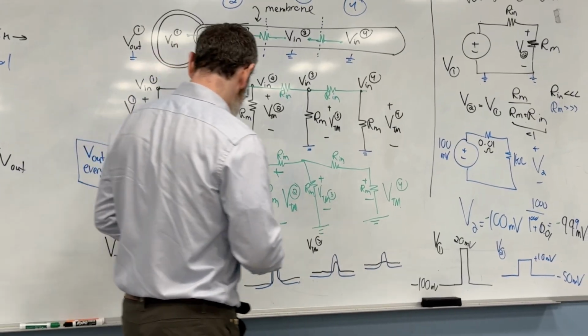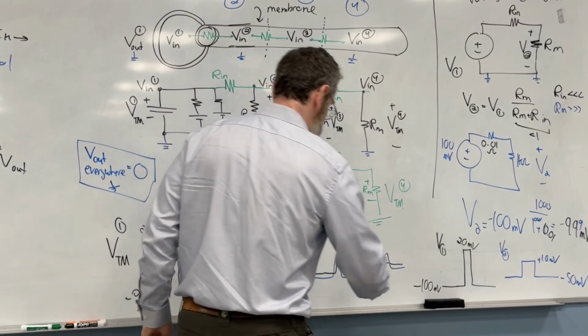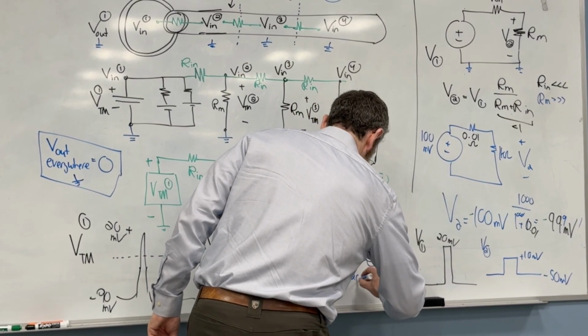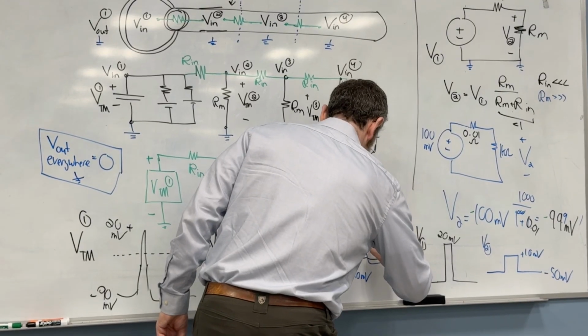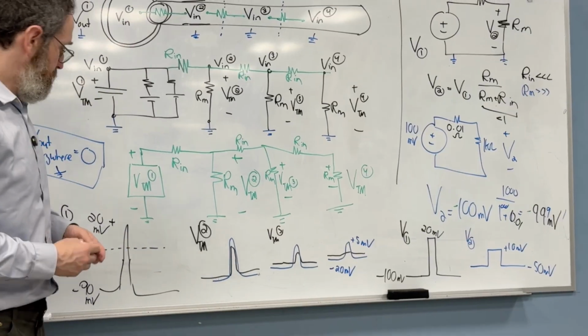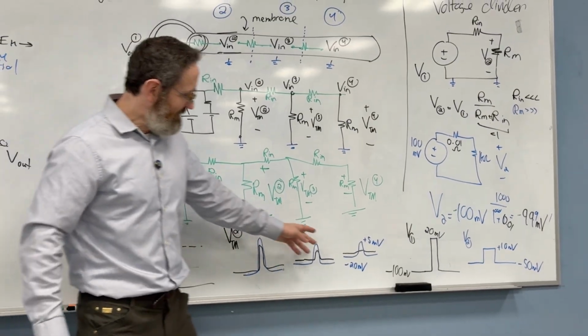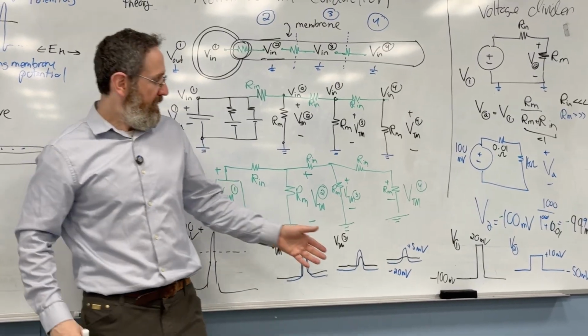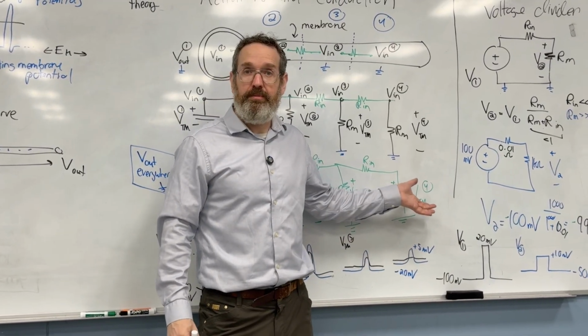Let's say, if it's attenuated in this way, it's minus 20 millivolts to plus 5 millivolts. It would be maybe more symmetric there, but it's like a little thing that showed up. A little beep like that shows up in VTM.